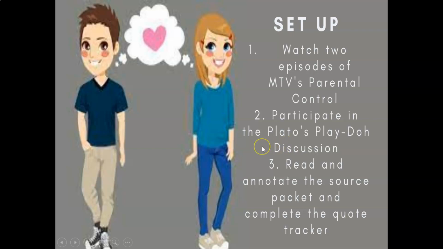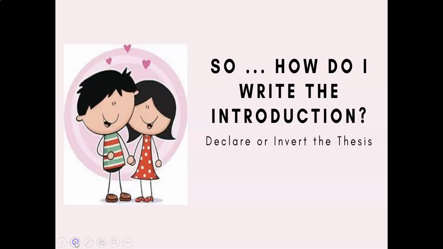The source material that I gathered for them gets into some really interesting stuff like Erik Erikson, Freud, Piaget, all the big guns in terms of teenage dating and the psychology behind it and some of the sociology behind it as well. And they read and annotated the source packet and completed the quote tracker so that they had all their textual support in place. So the question is this: how do I write the introduction?